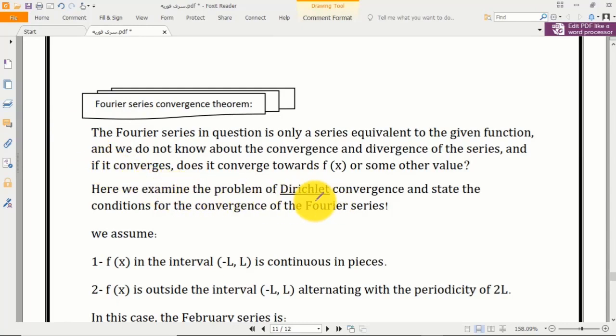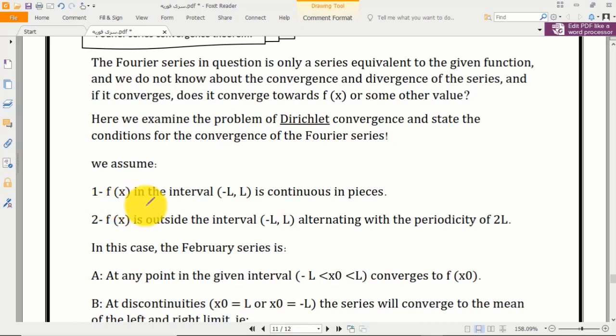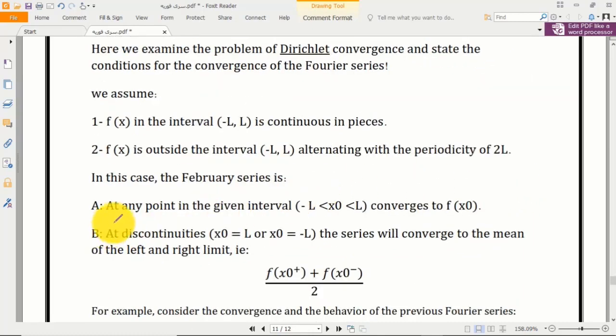Assume that f of x is continuous in the interval negative L to L, and it is also periodic outside of the interval with periodicity equal to 2 times L. In this case, the series converges to f of x at each arbitrary point in the interval. And at the discontinuous part of the function, the beginning and the ending of this interval, the Fourier series converges to the average of the left and right side limits of the function.